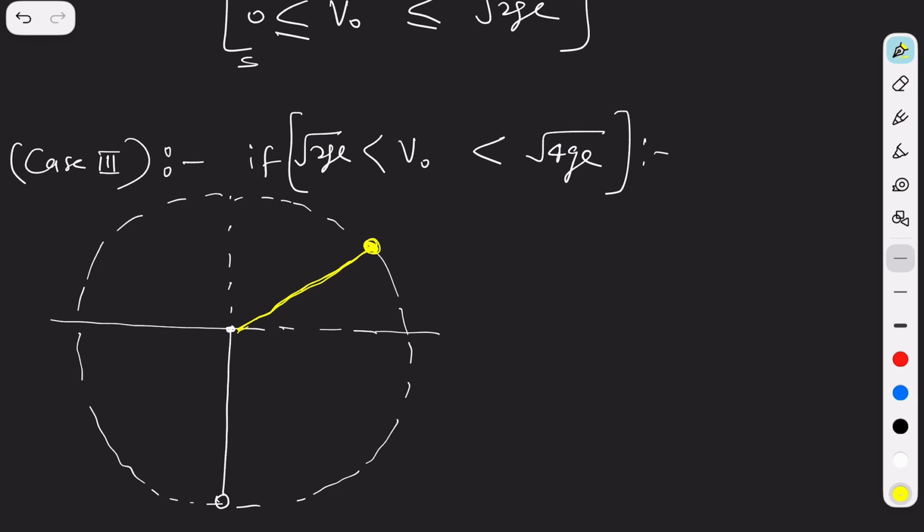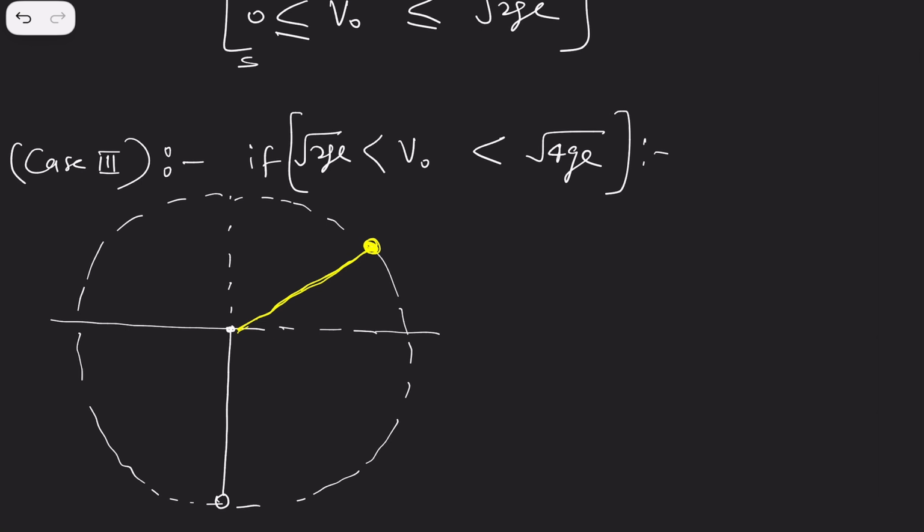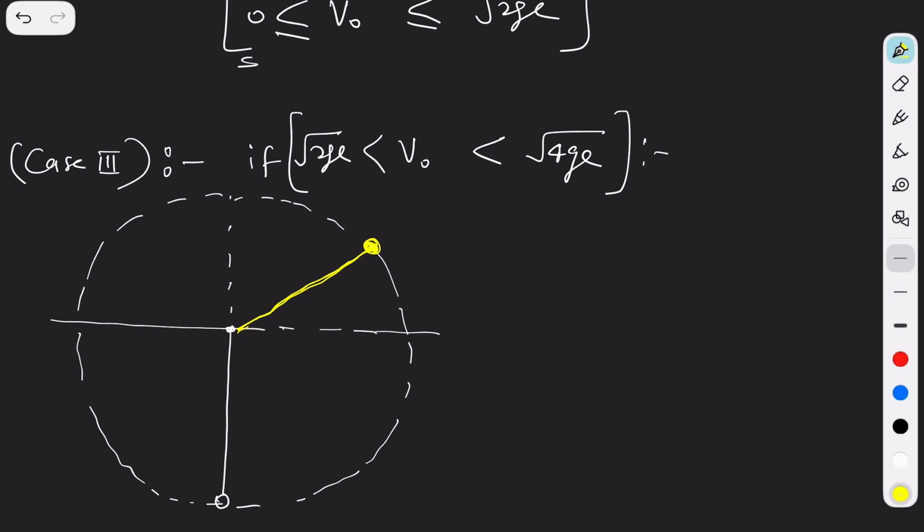Earlier this was the force, and now the tension becomes 0. But as the tension becomes 0, this velocity will of course be non-zero. But the rod, its nature is such that it is not going to slack, so it is not going to allow the particle to do projectile motion. So what is going to happen is very interesting: the particle will go a little further.